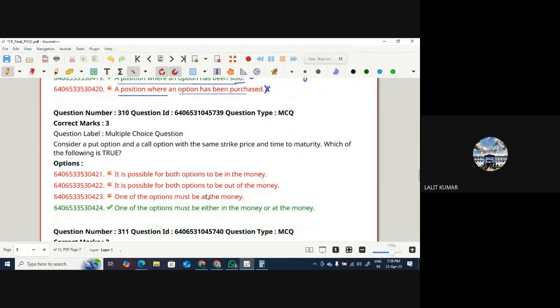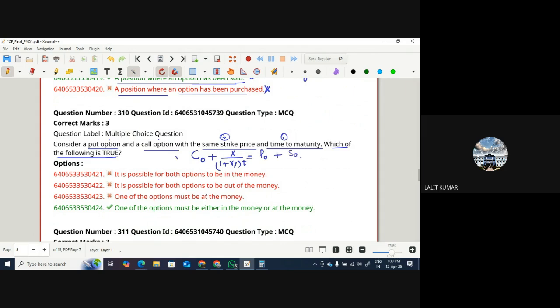Now we come to the next. Consider a put option and a call option with the same strike price and the same time of maturity. Which of the following is true? Then put-call parity comes into play, which says C0 plus X upon (1 plus RF) is equal to P0 plus S0.